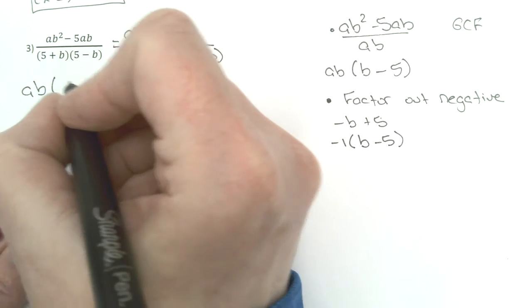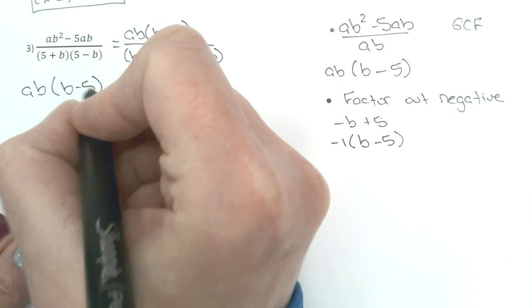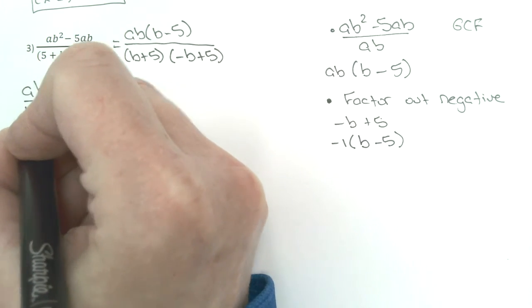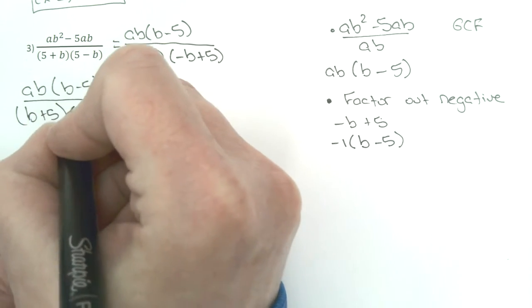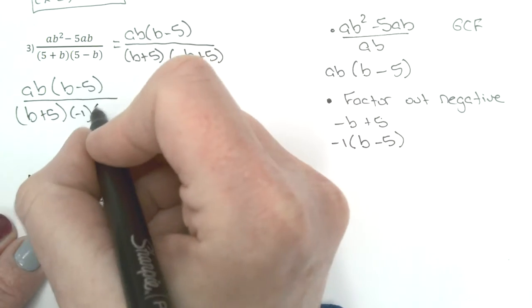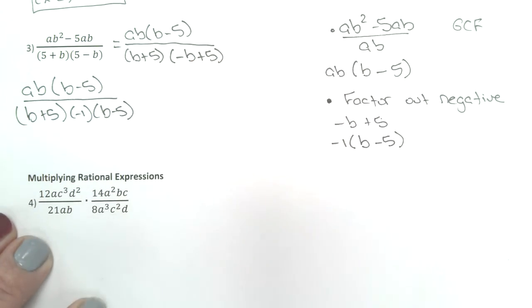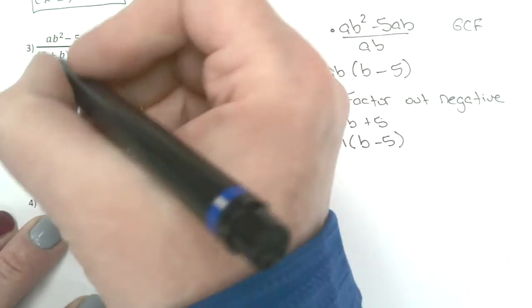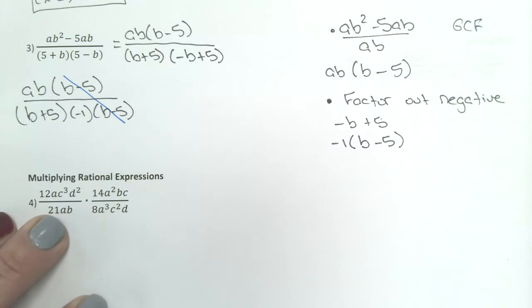So I'm going to just rewrite this for now. So there's my negative 1 that's out in front, and my B minus 5. Now my factors match up perfectly, and so now I can cancel out my B minus 5 terms.